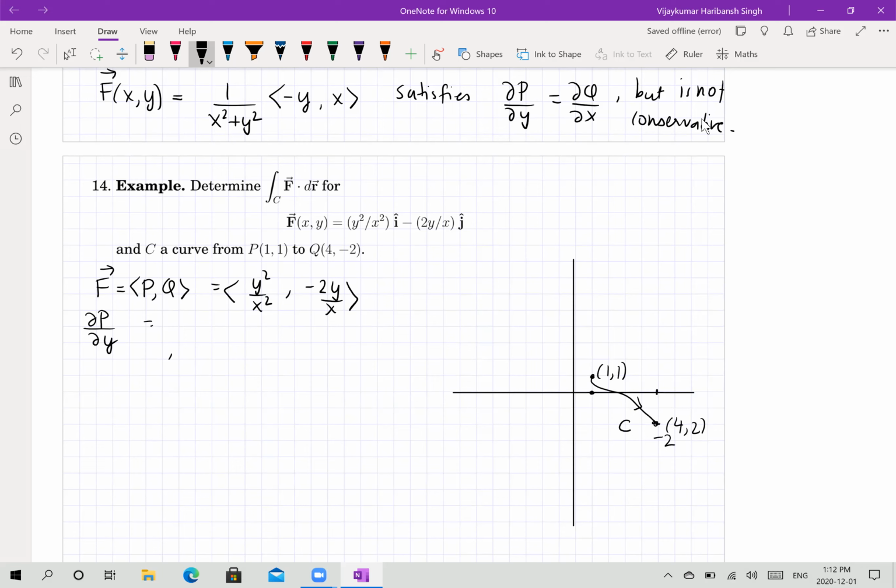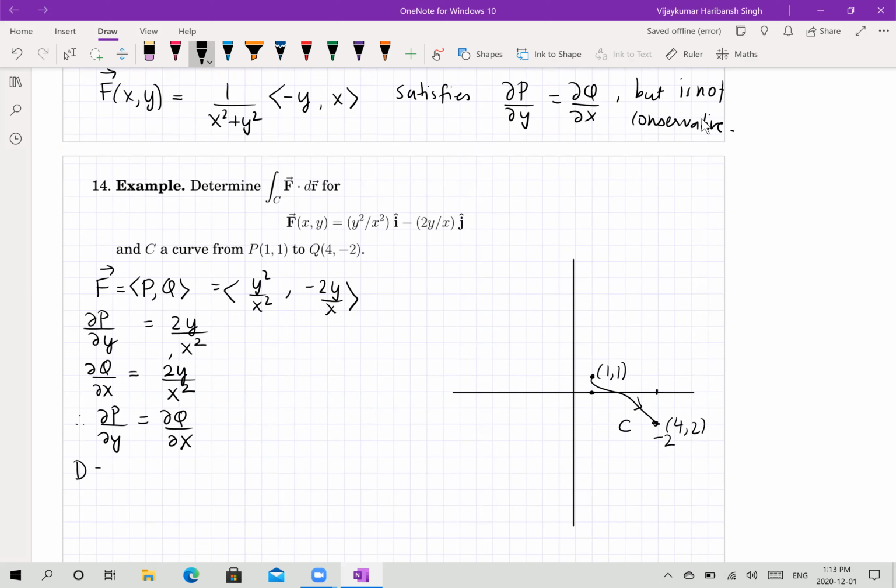Let's compute dP/dy, which is 2y over x squared. dQ/dx is the derivative with respect to x: 2y comes out, and the derivative of 1 over x is minus 1 over x squared, so we get minus 2y over x squared. Therefore dP/dy equals dQ/dx. So it seems like this is conservative, but hold on, we need to consider our region D.